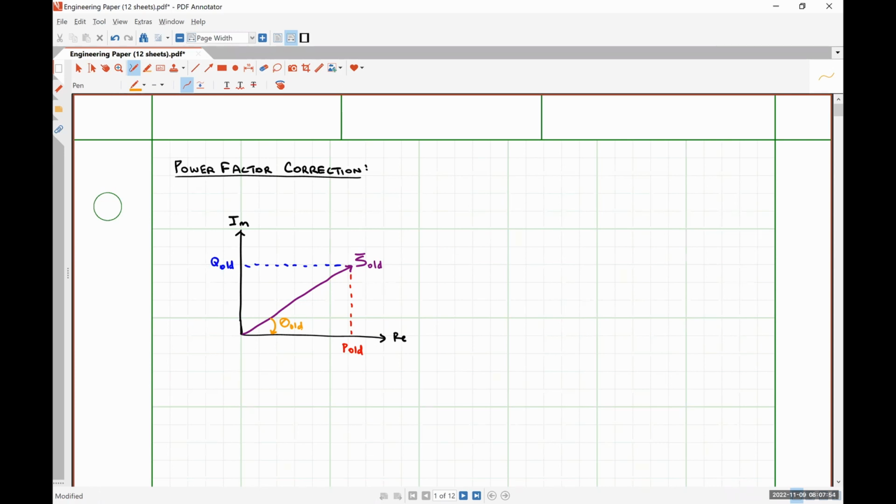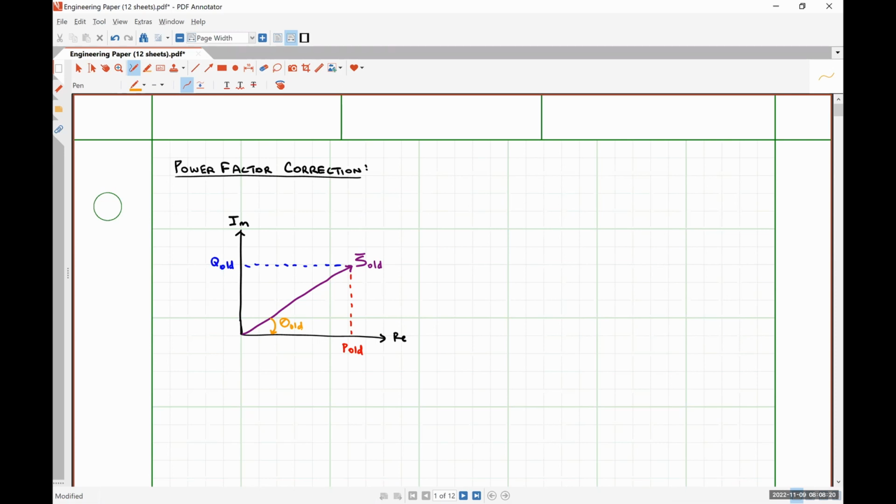So the closer that we can get that angle to 0 degrees, the closer and closer we will be to operating at unity power factor or 100% efficiency, okay? So in order to increase our power factor, we have to, in some way, shape, or form, reduce that angle.